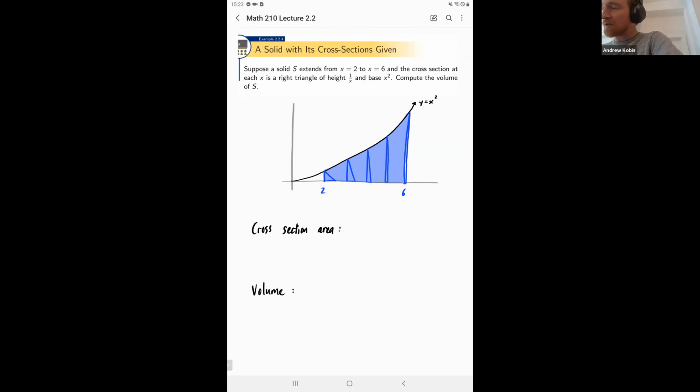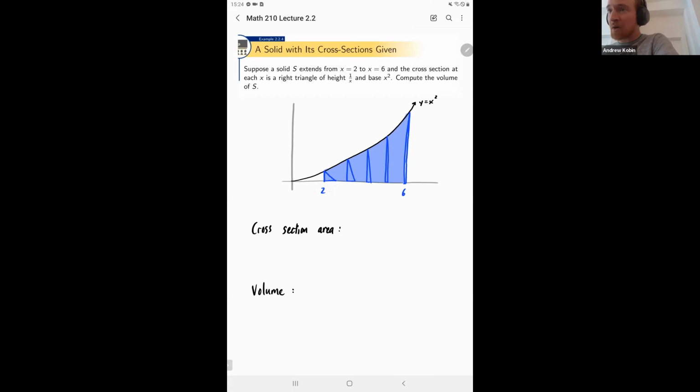Each of the slices is going to look like a right triangle, and depending on what x value I sliced at, the area of that right triangle will depend on that x value. At the slice for x value x, the right triangle will have height 1 over x and base x squared. What I've done here is lay the bases flat in the xy plane, so each of these vertical blue strips is one of the bases of a right triangle. The height is jutting out a little bit, but I'll draw my right triangle so that the other leg all lines up along the x-axis.